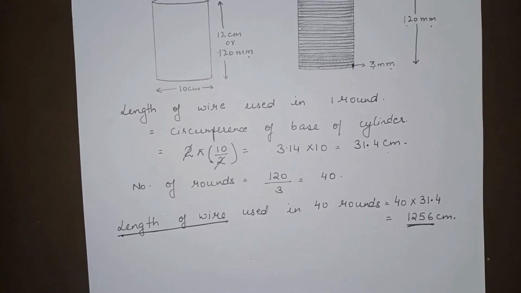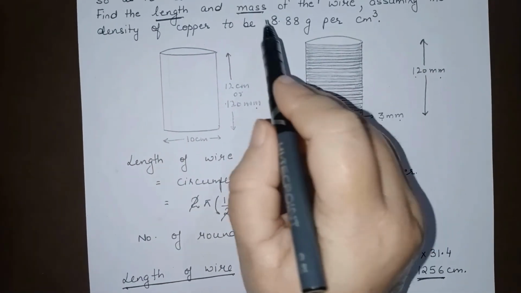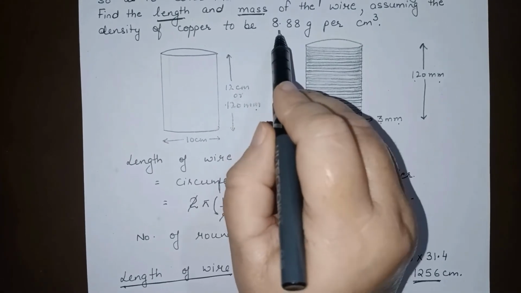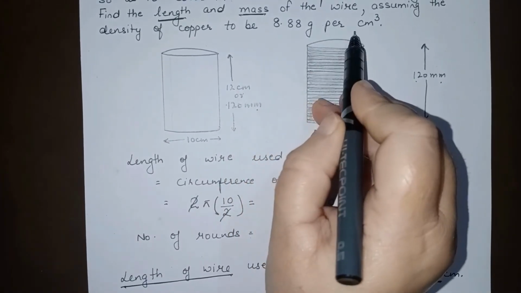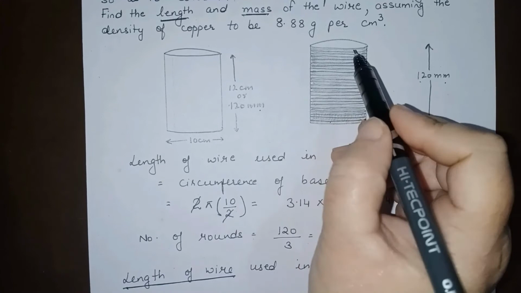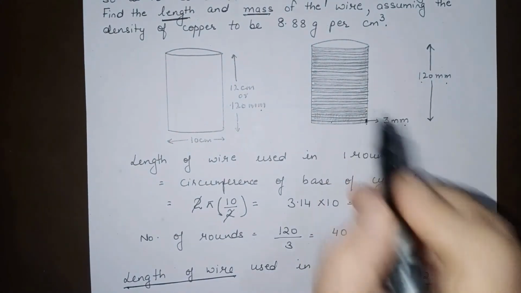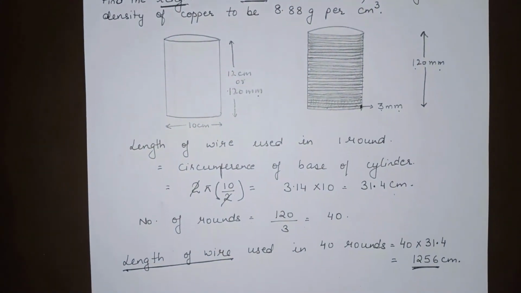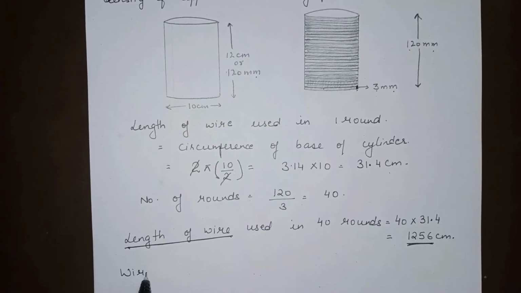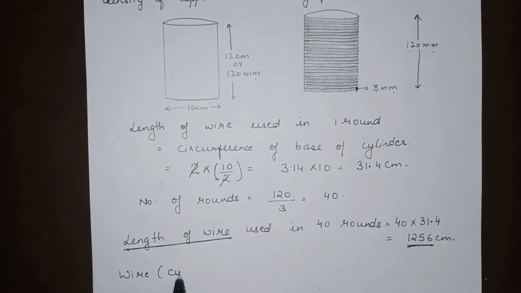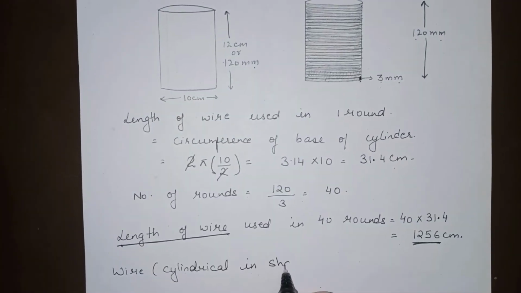Now we have to find the mass of wire. Now mass is, now see, density is also given. Mass is volume multiplied by density. So that means we have to first find the volume of the wire. So let us now consider a wire. Now remember, wire is cylindrical in shape.